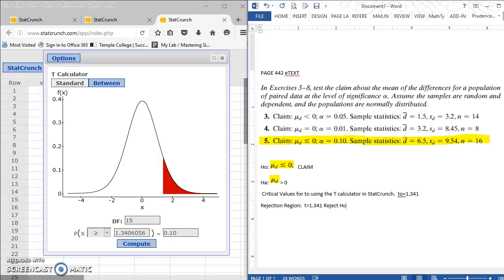So I actually have to run the test now. I've got to go back and create the formula and calculate my standardized test statistic t. And I have to use the formula from the book to do that.